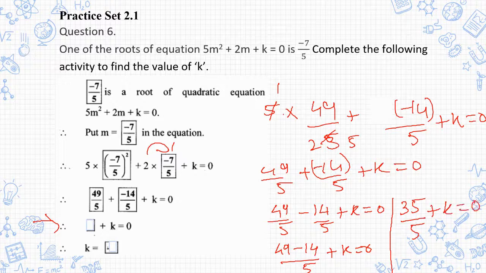So 5 7s are 35, so I'll have 7 plus k equal to 0. And now if you take this plus 7 on the other side, you'll have k is equal to minus 7. So k is equal to minus 7.